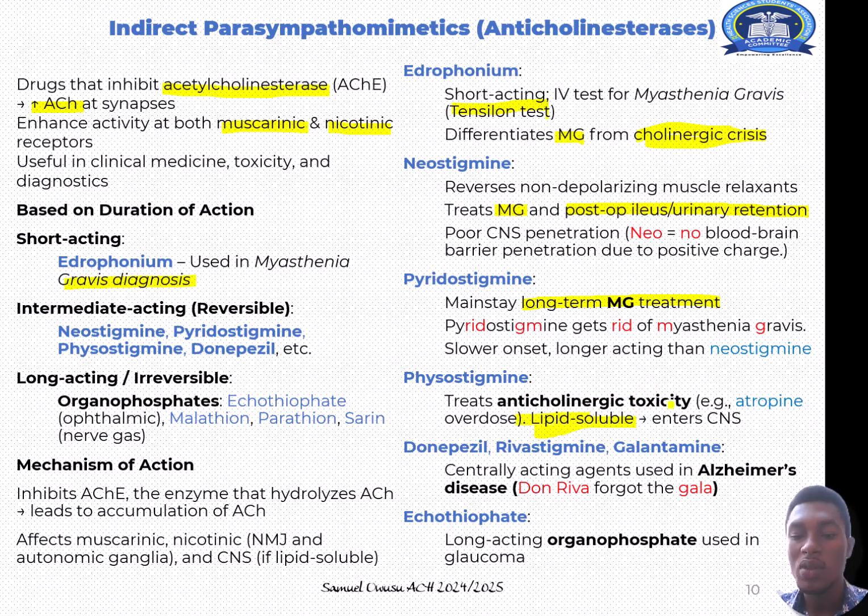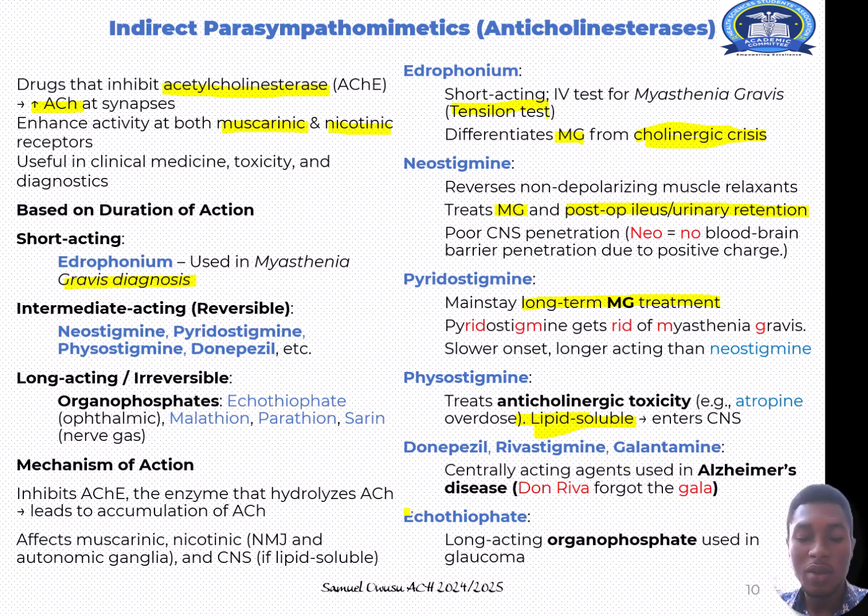Okay, it is lipid soluble, and it is used so that if we have a drug like atropine, which is a cholinergic blocker, an overdose of it is going to cause toxicity, and so we use physostigmine to reverse it. Donepezil, rivastigmine, and galantamine are used in the treatment and management of Alzheimer's disease.